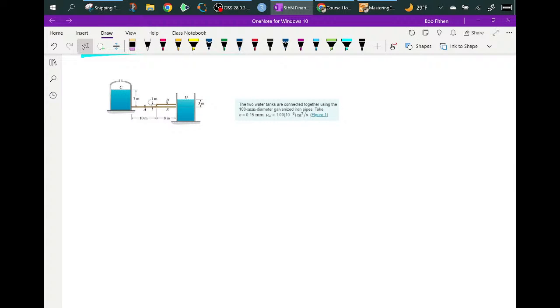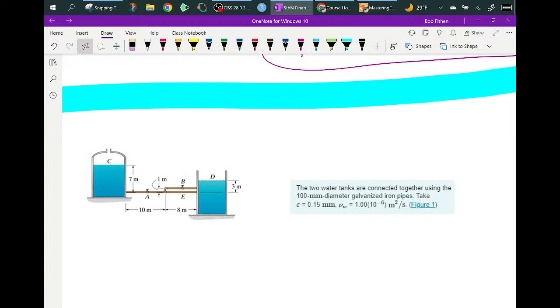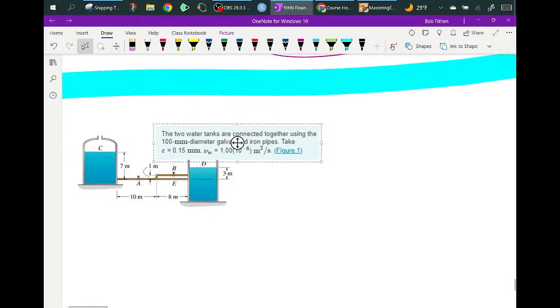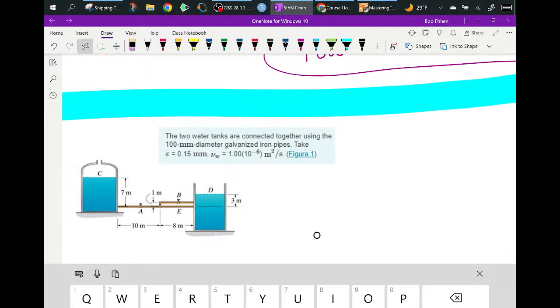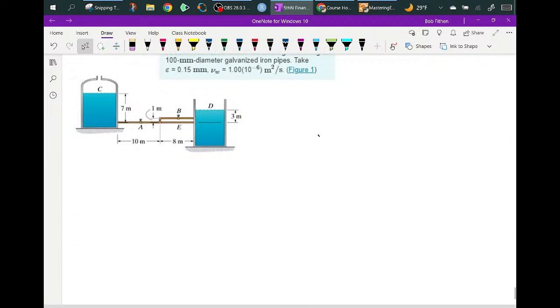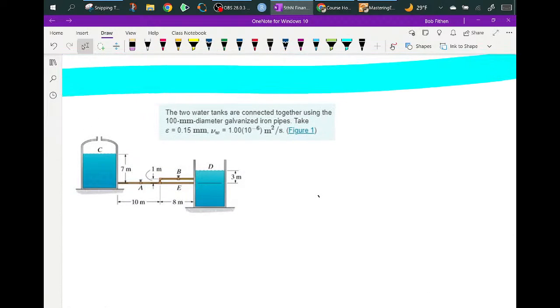So it says two water tanks are connected together using 100 millimeter diameter galvanized pipes. Take epsilon to be that, and the viscosity to be that.